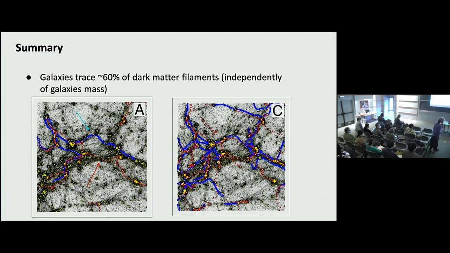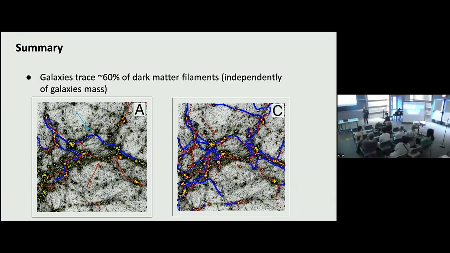Apologies if I'm asking the same question that's already been asked, but this 60%, is this already a maximum based on varying things? Because if it's not, it would be useful to use this to figure out how best to find filaments in galaxies that trace dark matter, by searching over all the ways of finding filaments to get that number bigger than 60%.